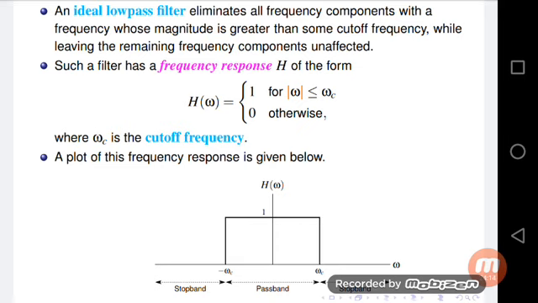That's why this type of filter is known as an ideal low pass filter, and these particular periods are represented as pass band and stop band, where H of omega is the function of the ideal low pass filter and omega c is the cutoff frequency. If 1 is present, the wave propagates on the positive side. If 0 is present, the wave is blocked.